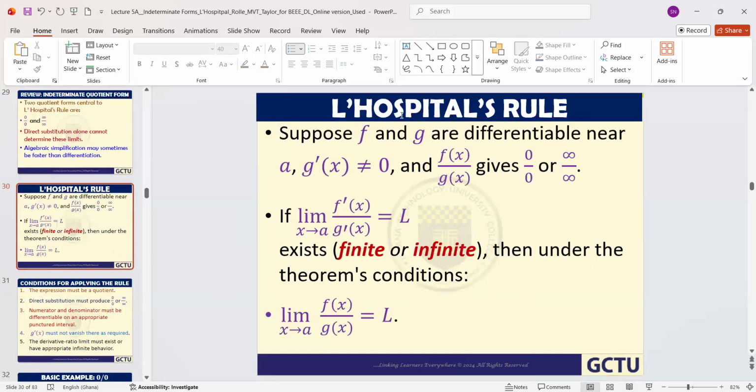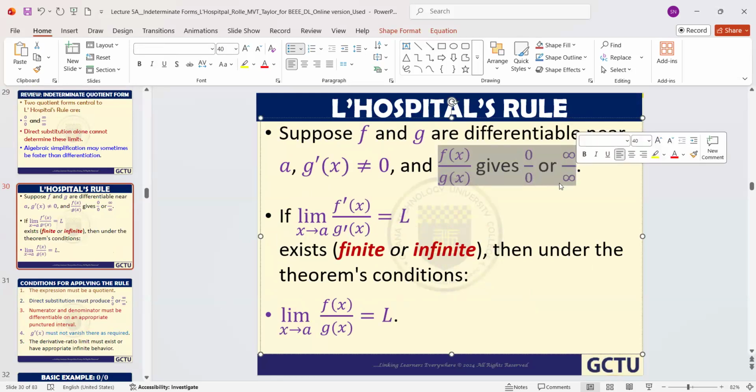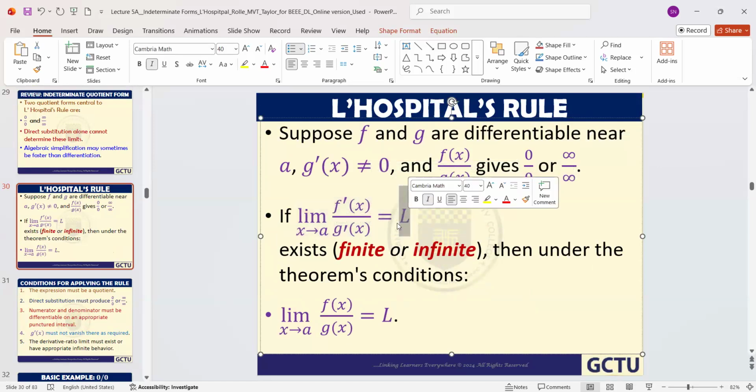Now, this is the L'Hopital rule. If a function is dividing another function, and it gives you one of the 2 quotient indeterminate forms, that is 0/0 or infinity/infinity, then the rule says to differentiate the numerator and differentiate the denominator, and see whether, when you substitute the limit, it gives you a bound as a value like L. And if this bound is finite or infinite, then you must check conditions.